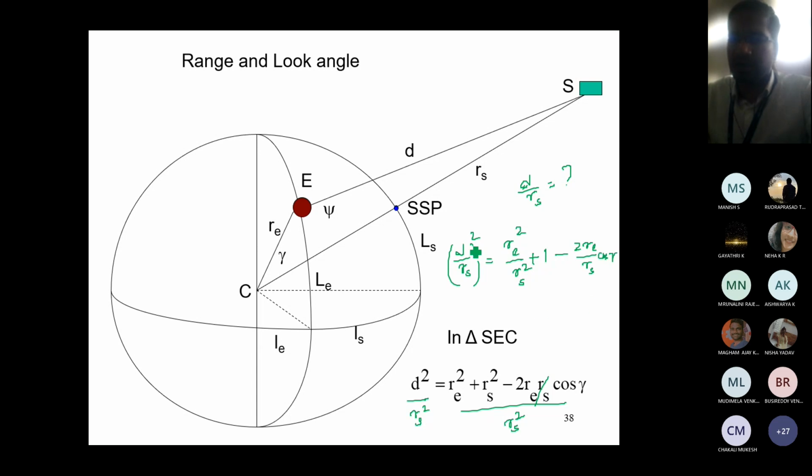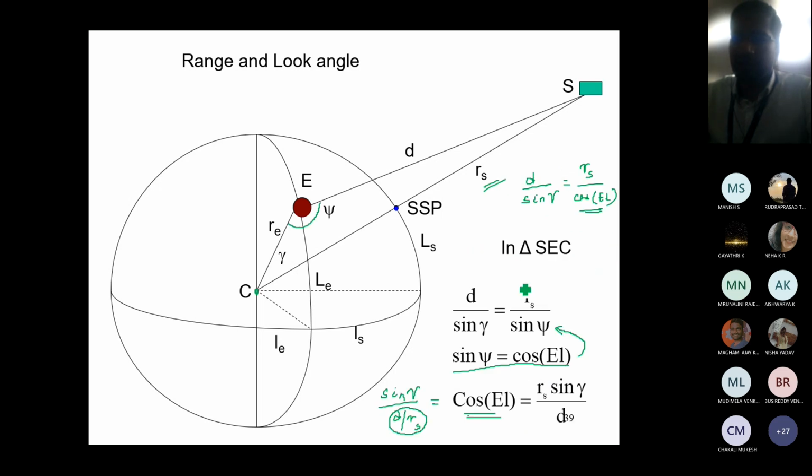So d by Rs whole square is this much. If you want to find only the value of d by Rs, then it will be the square root of that. So now we obtained the value of d by Rs.